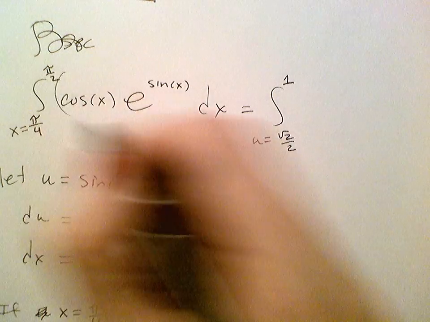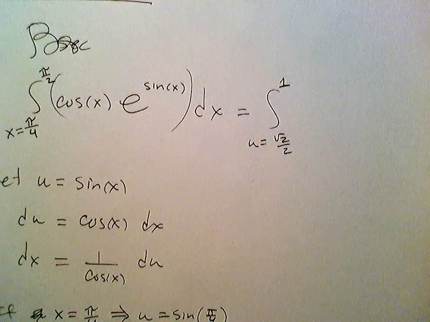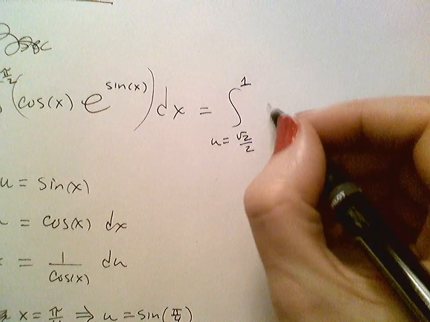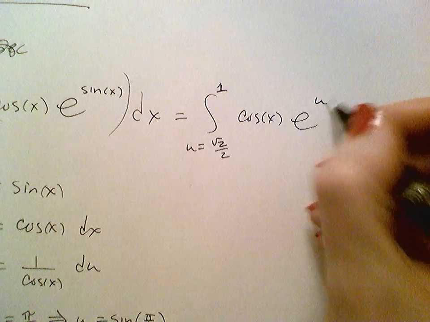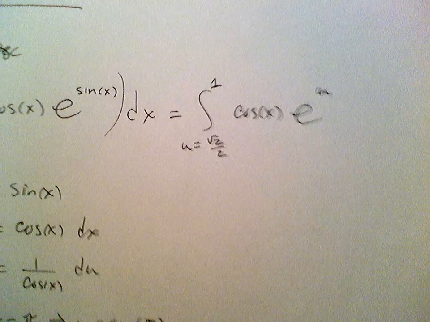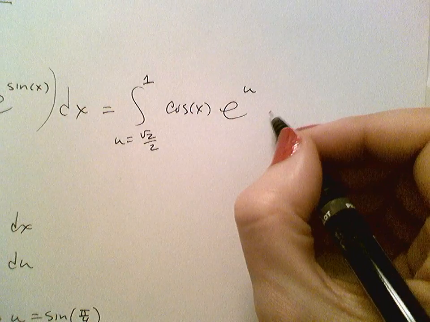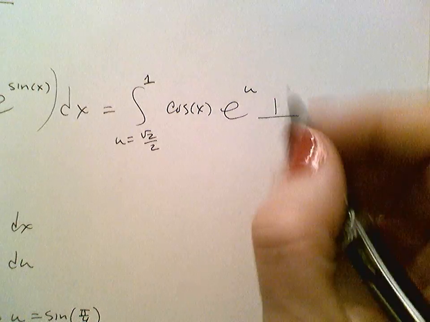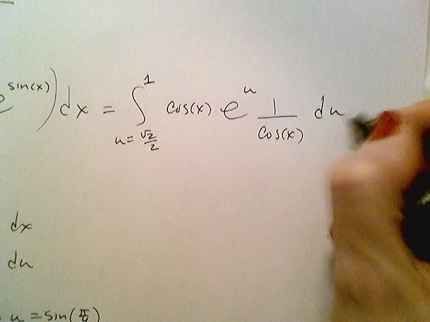Now, what happens in the input of this definite integral? Cosine of x, I have nothing to plug in for that. I'm hoping that cancels. And then e to the u. And then what's going in for dx is this stuff right here, 1 over cosine of x du.